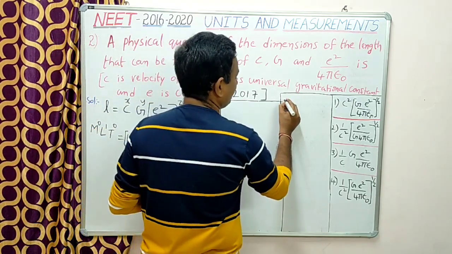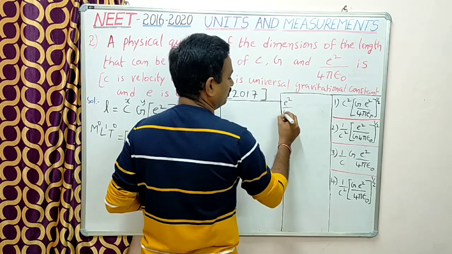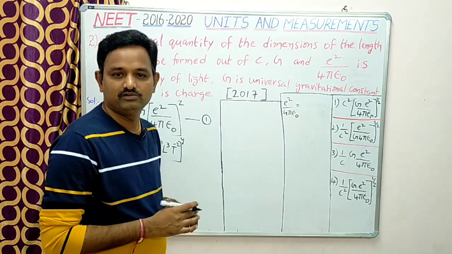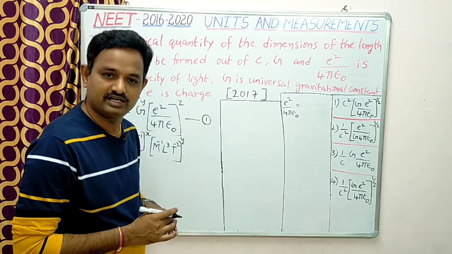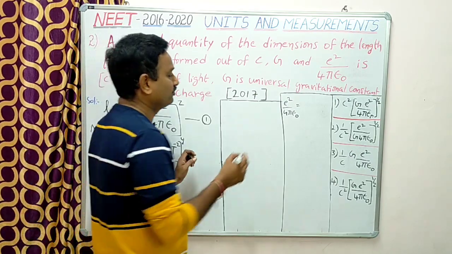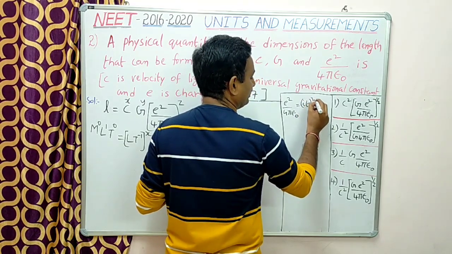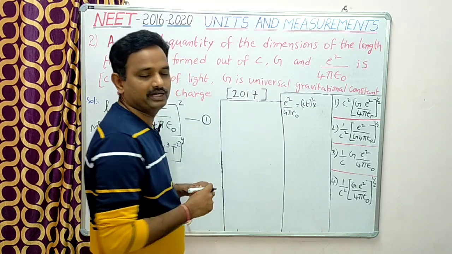See, e square by 4 pi epsilon naught. e square means charge. I will write charge in terms of current and time, that is I into t whole square into 1 by 4 pi epsilon naught.